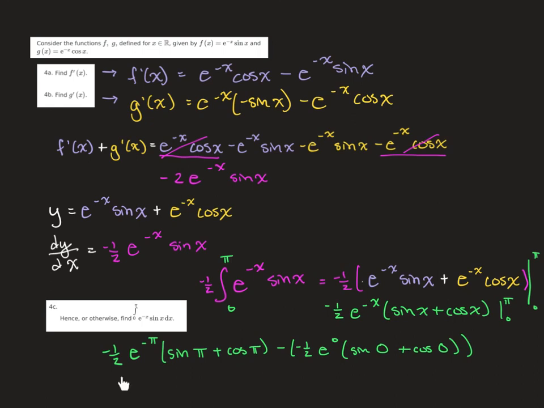Plugging in pi and plugging in 0, we would get negative 1/2 e to the negative pi, and then sine of pi is 0 and cosine of pi is negative 1, and then we're going to get a plus just from this negative here. 1/2, because e to the 0 is just 1, and cosine of 0 is 1, so we just get 1 times 1 times negative 1/2.